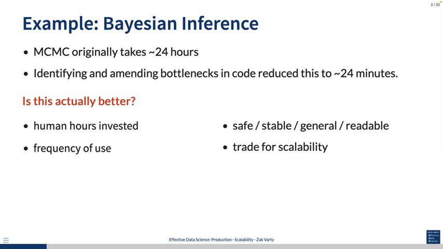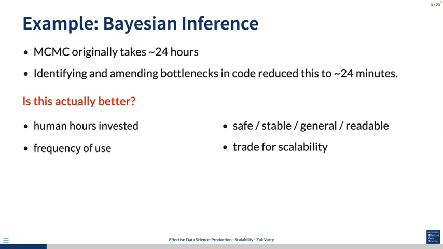Another aspect to consider here is whether the changes that we've made in achieving this speed up leave our code as safe, as stable, as general, and as readable as before. Usually you have to trade off at least one of these for your code to scale well to larger numbers of samples.